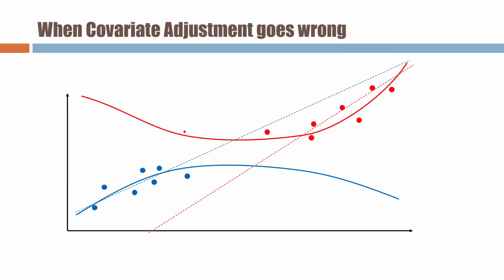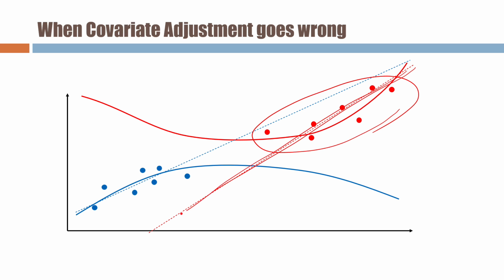However, when this covariate adjustment goes wrong, as you can see, the red one is always higher than the blue one. But when I took out some data points here, if you just take a look at only the red part, what would be the best estimation? This is linear, right?